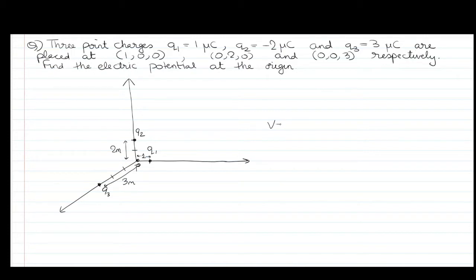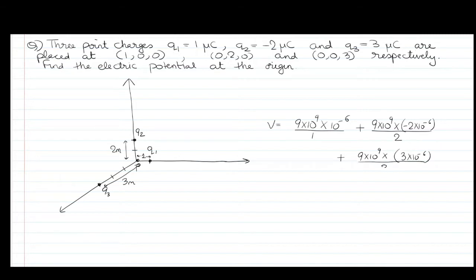So the potential will be simply K into Q1, which is 1 microcoulomb, so 10 to the power minus 6, divided by 1, plus K, Q2 is minus 2 microcoulomb, so it is minus 10 to the power minus 6 (divided by 2), plus K, Q3 is 3 into 10 to the power minus 6 divided by 3.